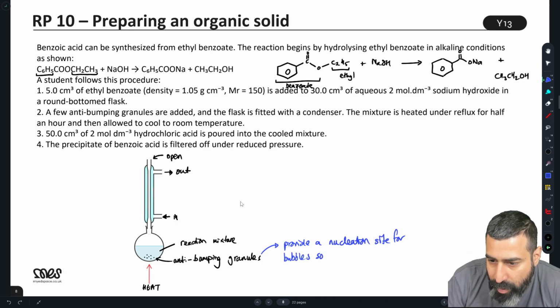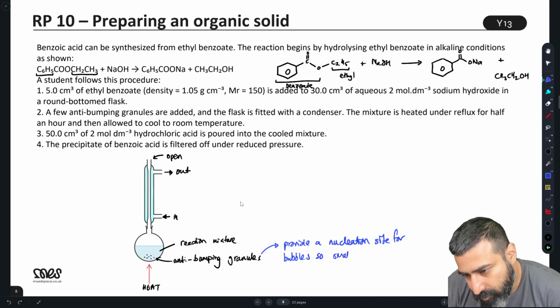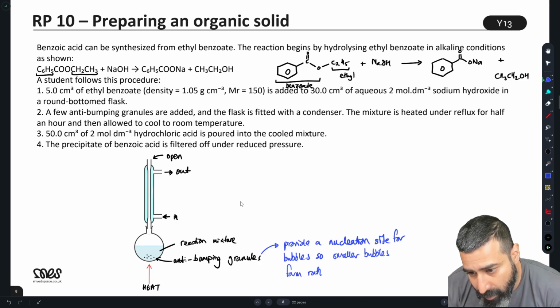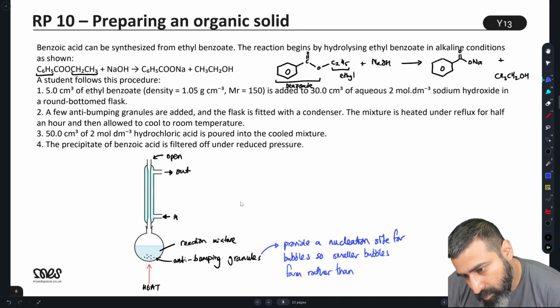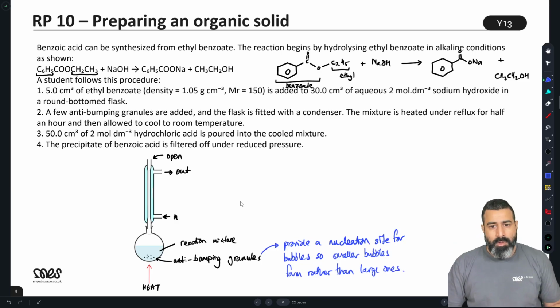So smaller bubbles form, rather than large ones. Okay, I think that's everything.